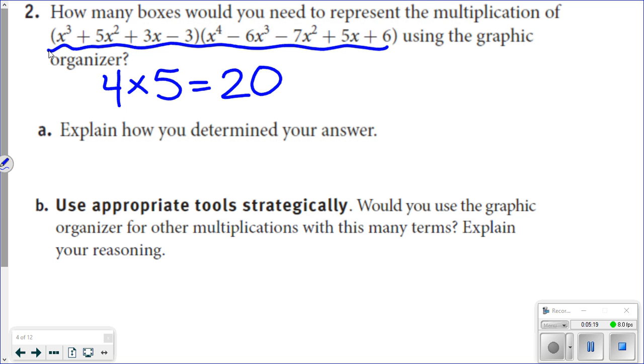And would I continue to use the graphic organizer to multiply with this many terms? I would say no, because there's going to be 20 boxes, a lot of them, it's going to be very large and take up a lot of space on my paper.